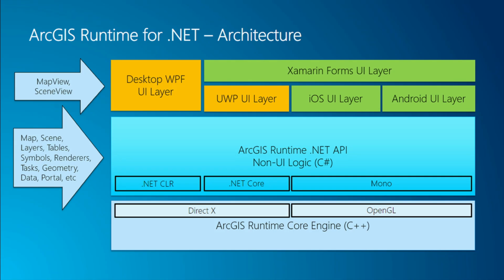And then on top of that, we have our Xamarin Forms layer, where there's just one map view class, one scene view class, that can be used across UWP, iOS, and Android. And under the covers, those actually map to and use the platform-specific versions of those views that we have.